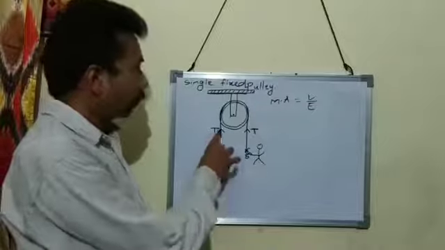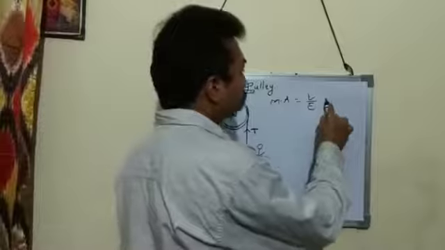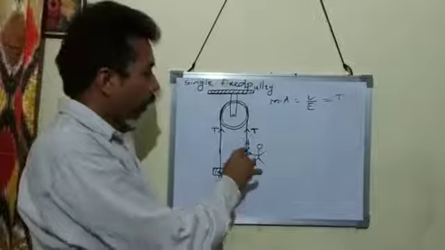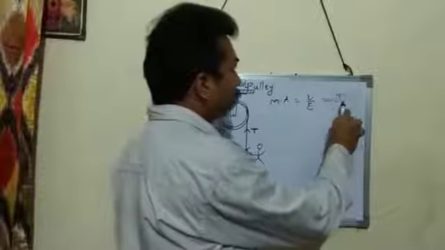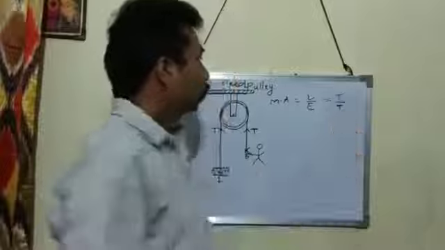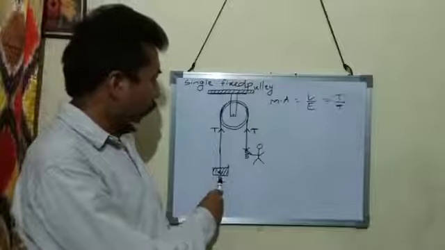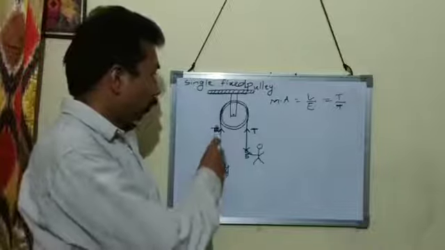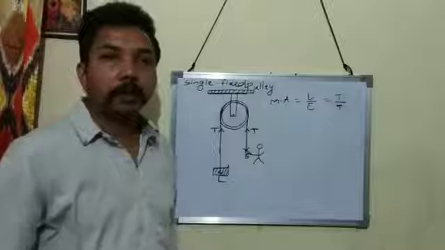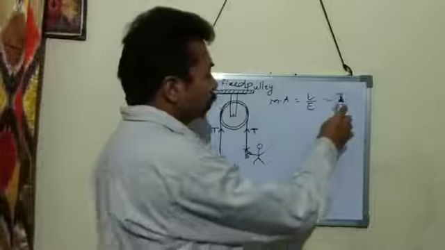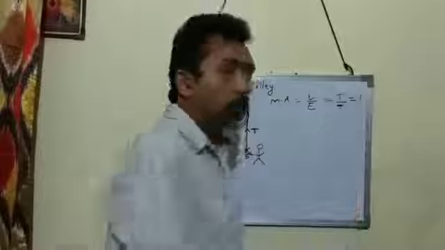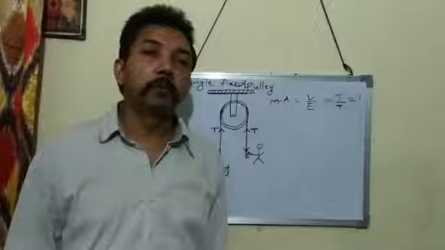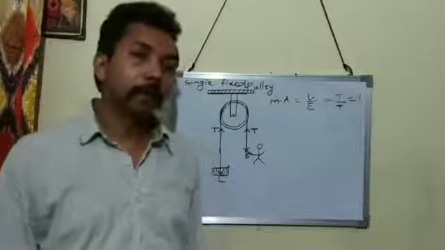So load is equal to tension, and effort is also equal to tension. So T upon T is equal to 1. The mechanical advantage of a single fixed pulley is equal to 1.